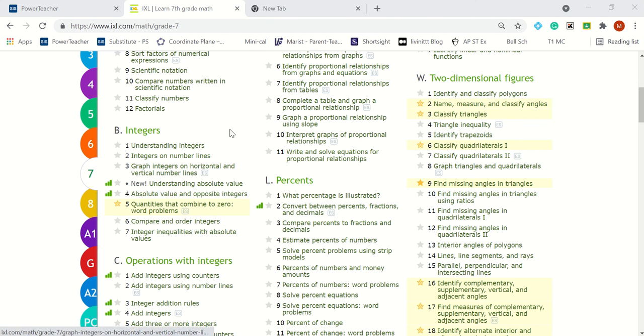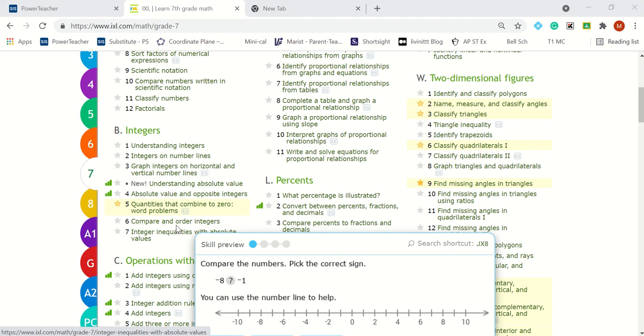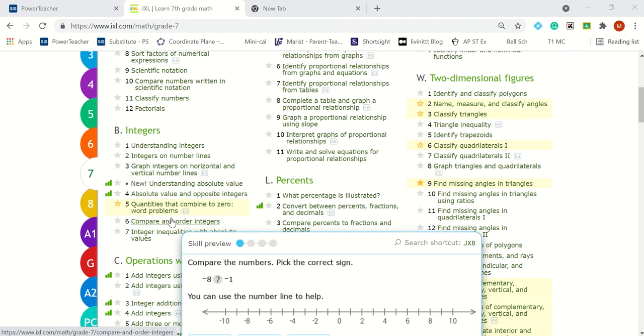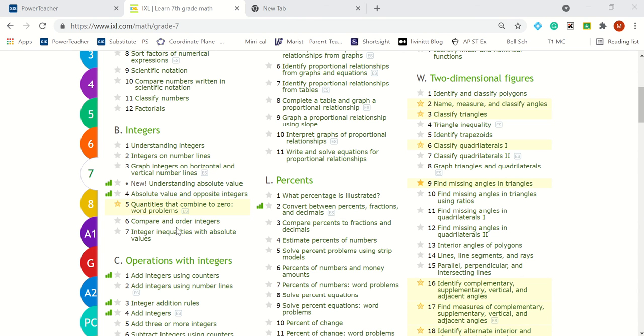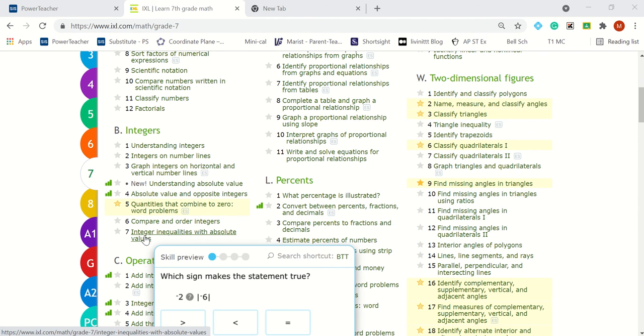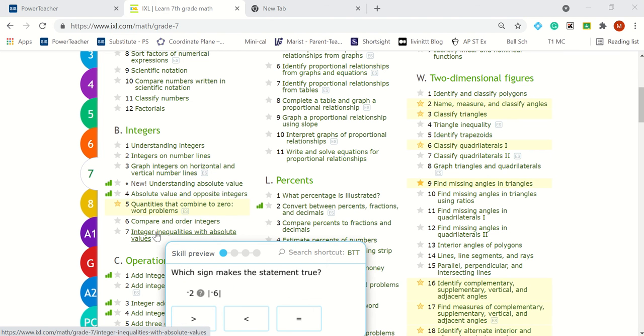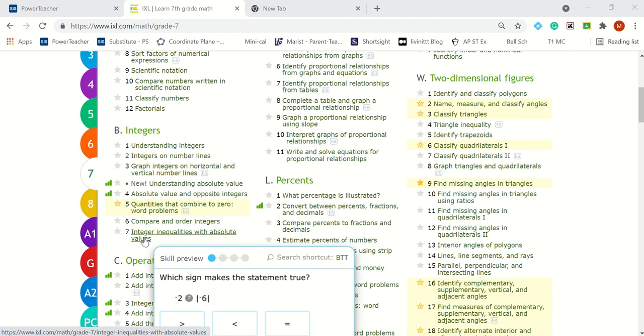Back to IXL, math, 7th grade, B6 and B7. Let's start with B7. Let's work that in class. Let's try to get to 100 on B7.